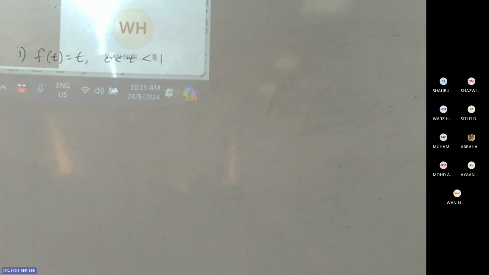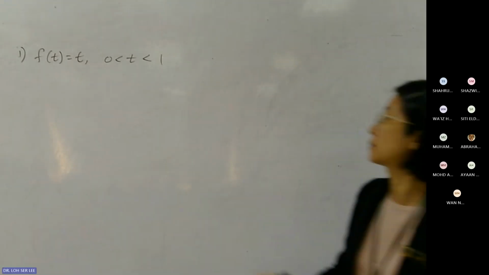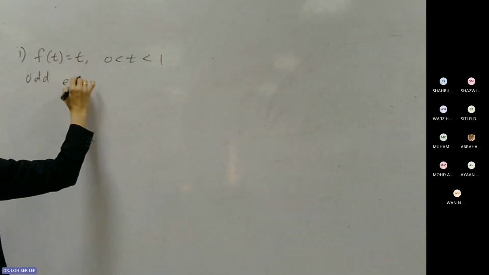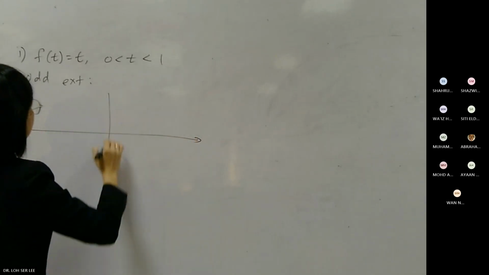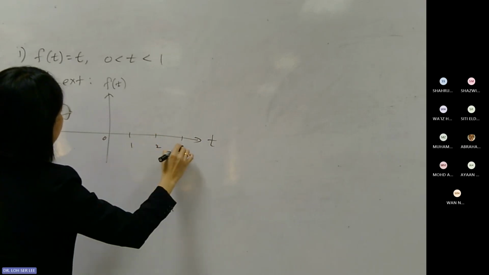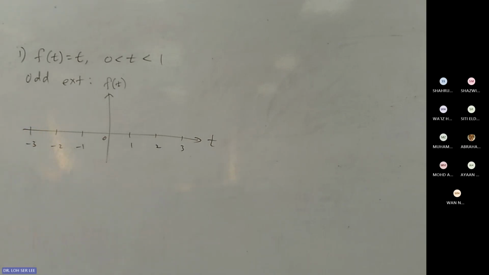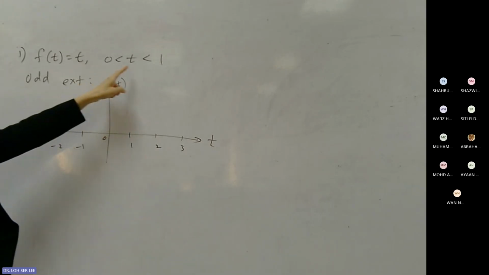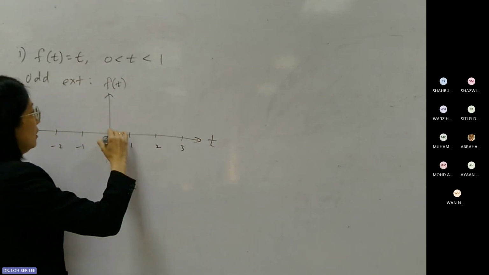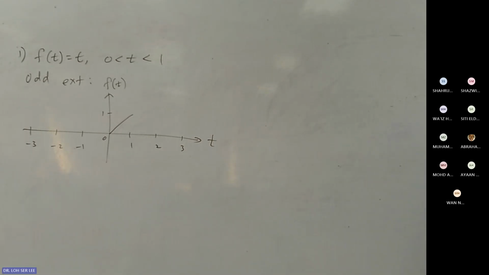From 0 up to 1, we have t. The t is here. Now find the other half.